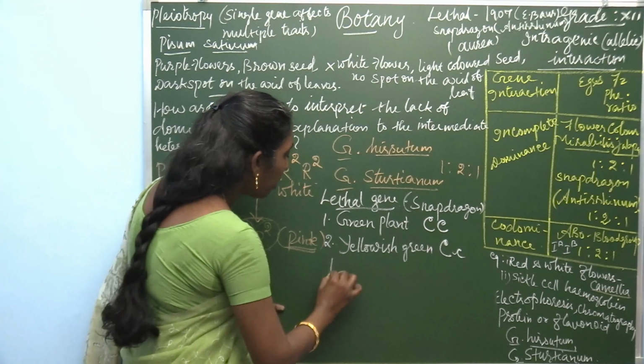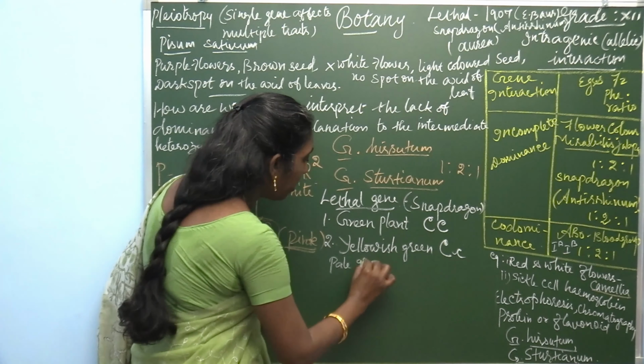So it gives 3 different colors: pale green, golden color or aurea. In the heterozygous condition, it gives aurea. And the third is the white color plant.